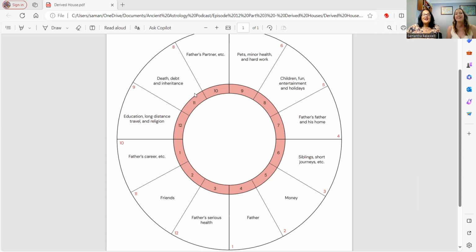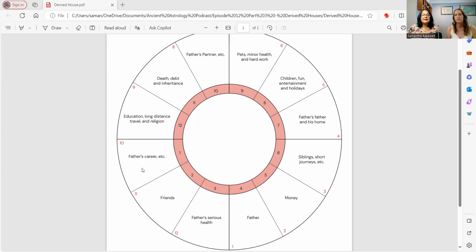So the 11th house is the father's eighth house, which is the father's death and his debt and his inheritance. And the ninth house is his education, his long distance journeys, his religion, his travel. And the 10th house for the father is now his career, his bosses, his leaders, his own business if he has one.